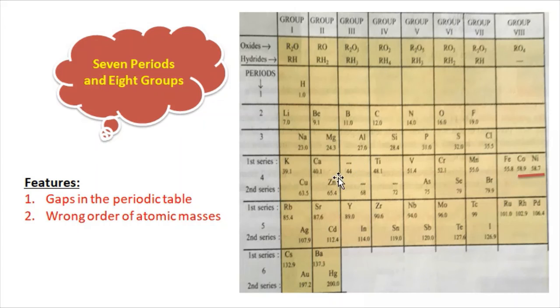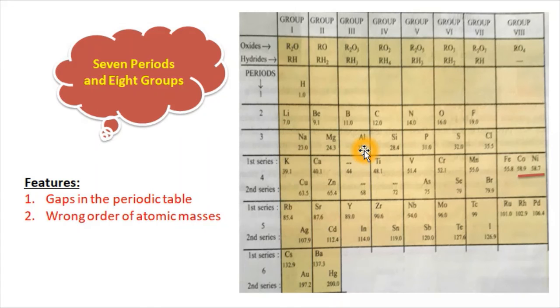For instance, if this space is left, this element is not known, he predicted its properties on the basis of its neighboring elements, on the basis of boron here and aluminum here. Okay, so he predicted their properties before their discovery.